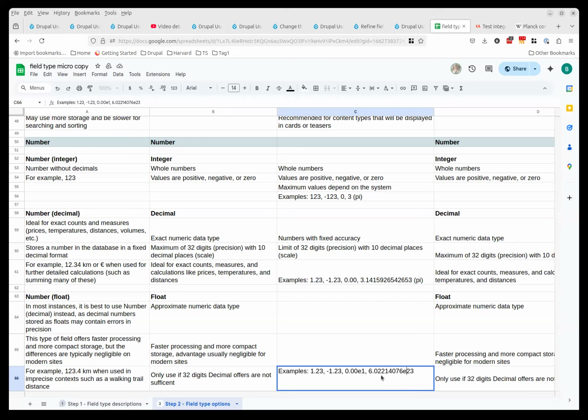There's basically no way to have Avogadro's constant as an integer or a decimal. Maybe it could be an integer. Is that within the bounds? But it certainly couldn't be a decimal. And on the other hand, pi, there's really very little difference between representing it as a decimal or representing it as a float. So I think having the different numbers is the right thing to do in the examples.